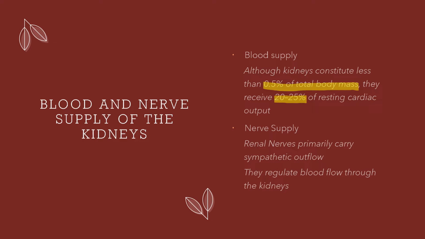In adults, the renal blood flow through both the kidneys is about 1,200 milliliters of blood per minute. So it's a very large volume.